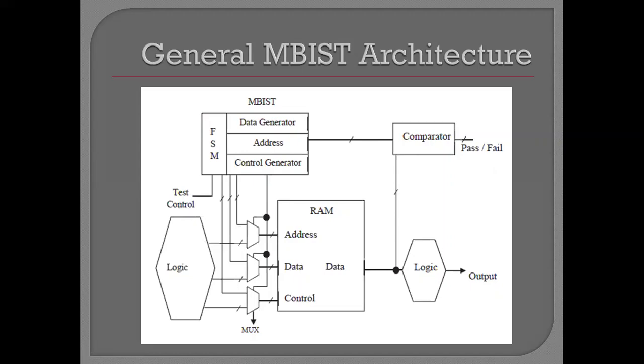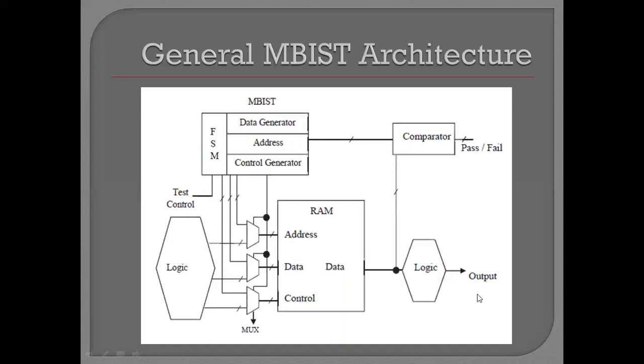Whenever the test control is asserted, it means we are going into the test mode of the memory, which requires that the lines coming from the logic are not passed on to the memory. Only the lines coming from the memory BIST logic are applied to the multiplexers and further passed on to the memory. This is pretty simple and easy to understand compared to the logic BIST.